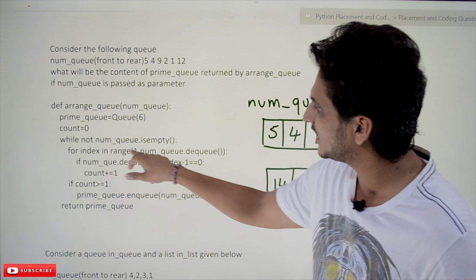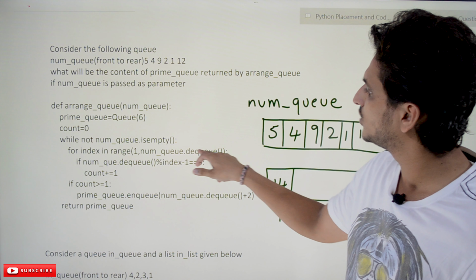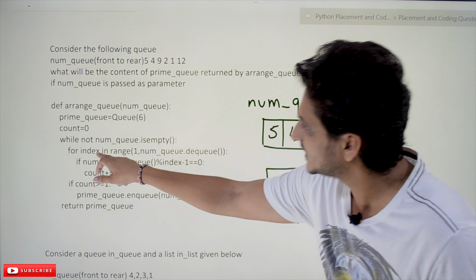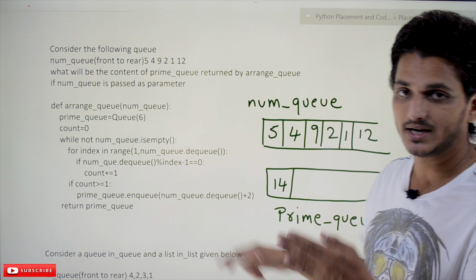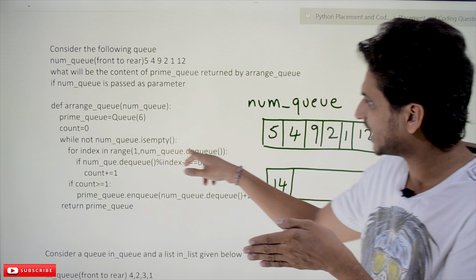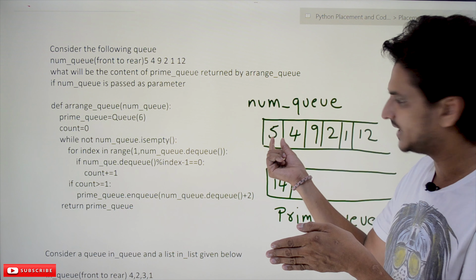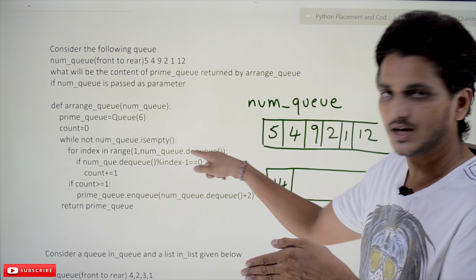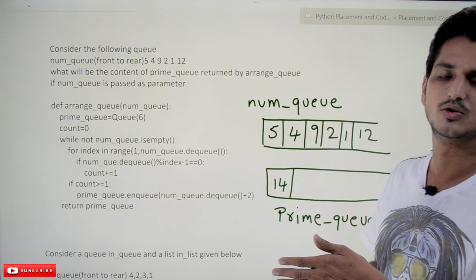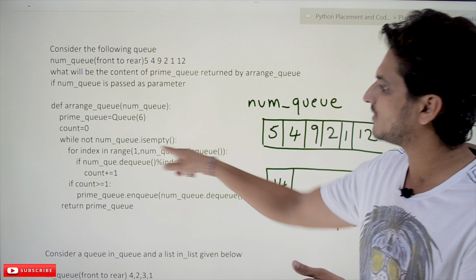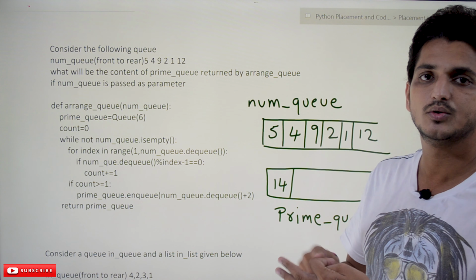For index in range of 1 comma numq.deque(). If you apply deque here, the first element will be dequeued. What's the value? 5. So the range is 1 comma 5, which gives 1, 2, 3, 4.